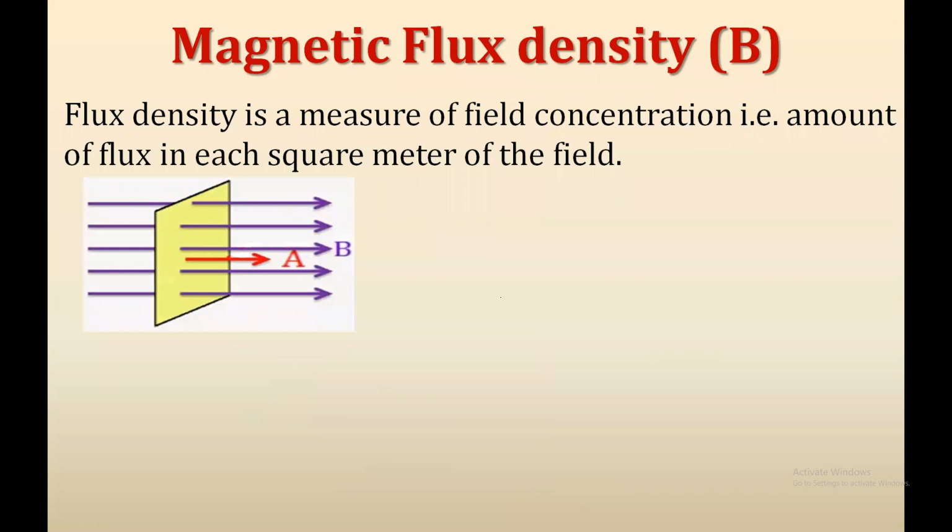Suppose we consider the plane at which point we have to measure the flux density, and the plane is perpendicular to the magnetic lines of force. If it is perpendicular, it means the red color arrow represents the normal to the plane here. I say that normal of a plane.